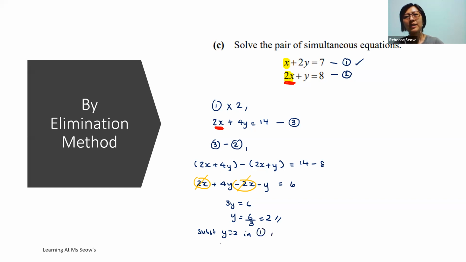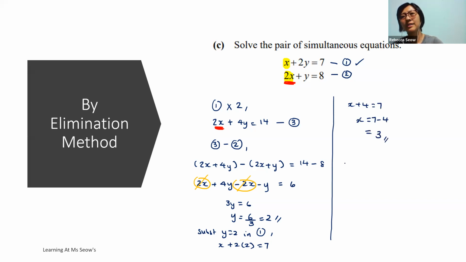So it will look something like that. x plus 4 gives you 7, and therefore x is 7 take away 4, and the answer is 3. So the solution is x equals 3 and y equals 2.